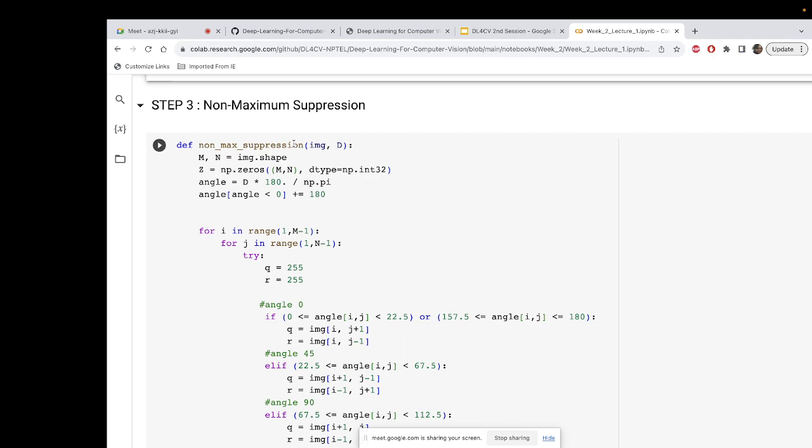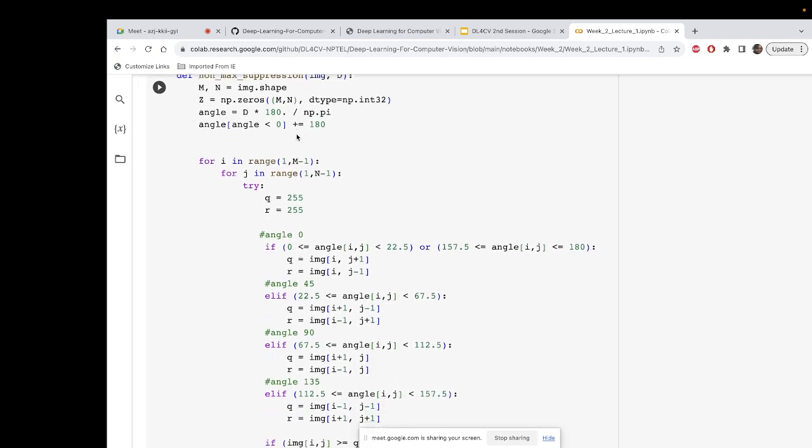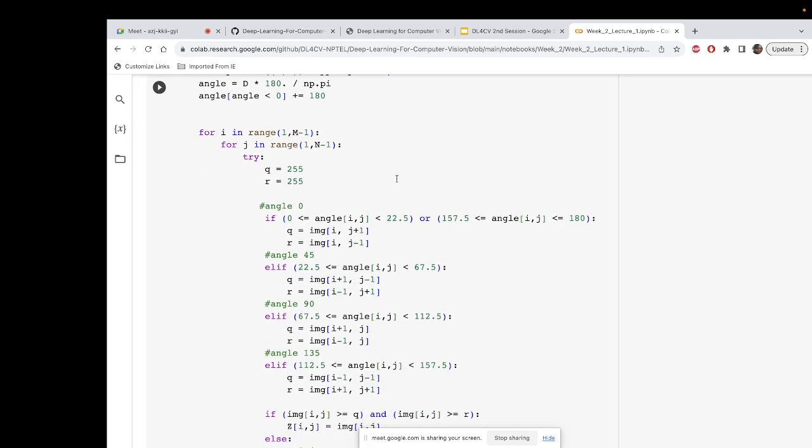Based on that orientation, suppose it is 89 degrees. The creators of Canny have divided the 180 degree space into multiple buckets: 0 to 22.5, 22.5 to 67.5, 67.5 to 112.5 and so on.